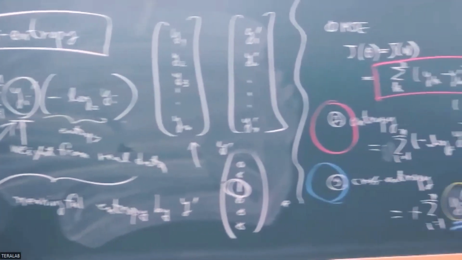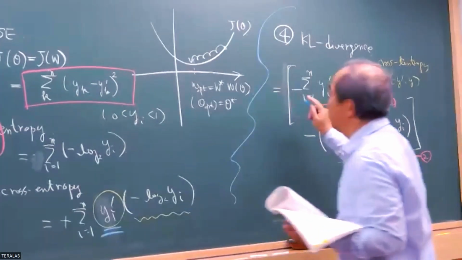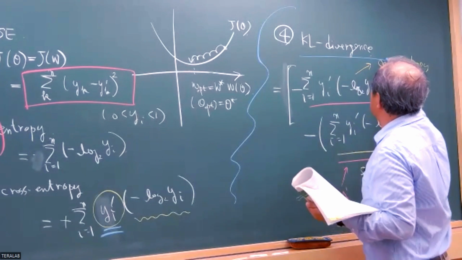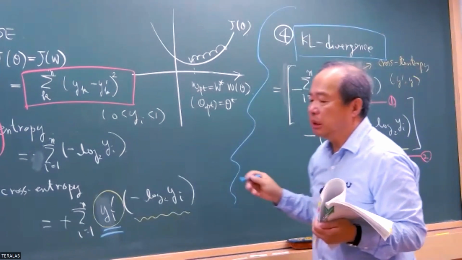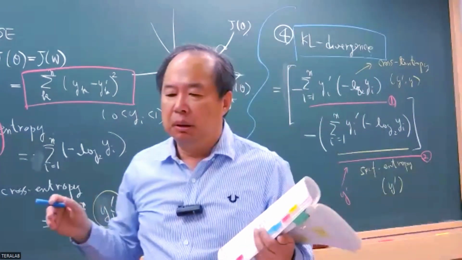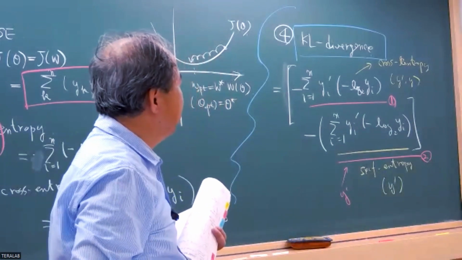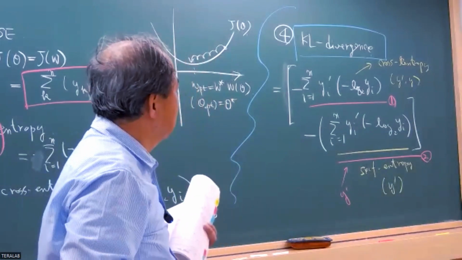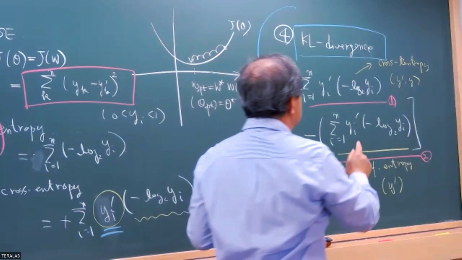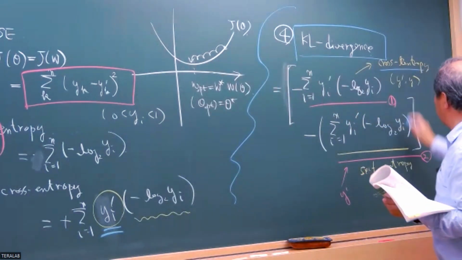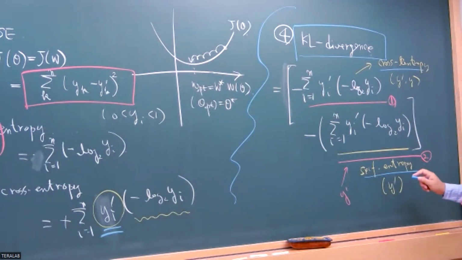Now let's talk about the last one, KL divergence. It's a little bit complicated to explain the meaning and concept of KL divergence, but it's the difference between cross entropy and self entropy.